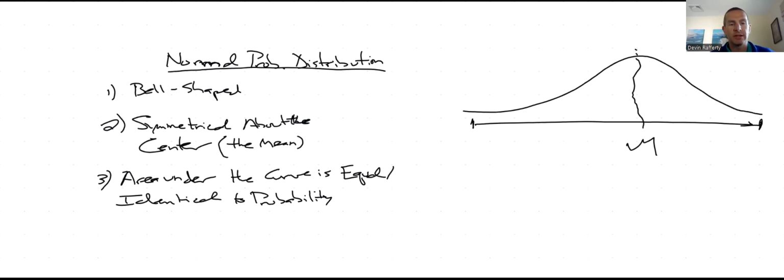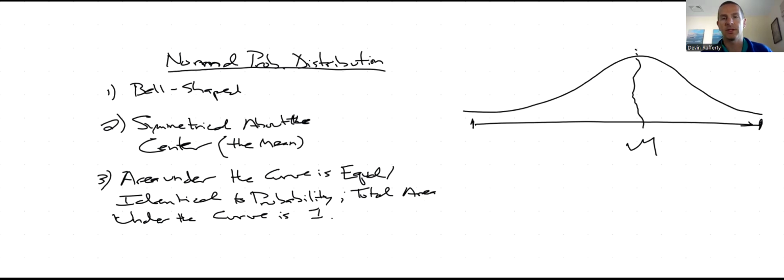Which also means that the total area under the curve is 1. Remember, this is the area under the curve going from a low, negative point to a positive point.